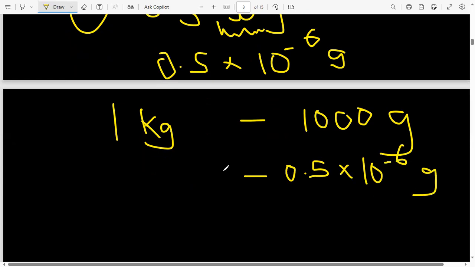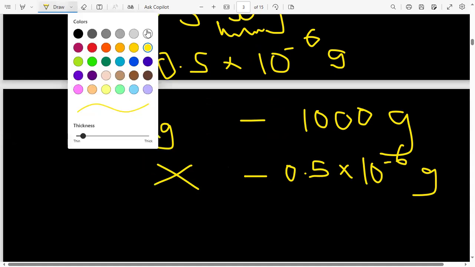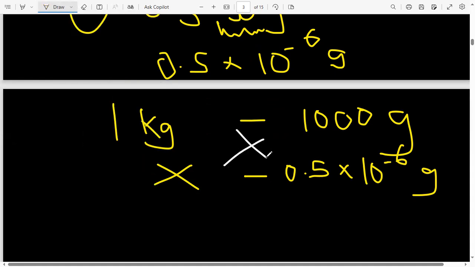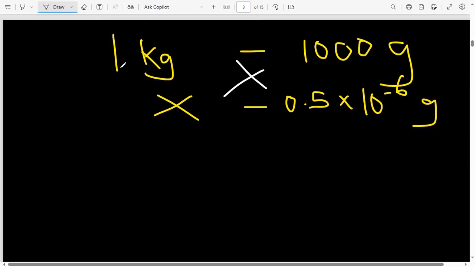And we want to convert it to what? To kgs. So what are we going to do? We are going to cross multiply. So we have 1 multiplied by this. In fact, let me start with the x. So x multiplied by this, we're going to have x and then 1,000 grams.